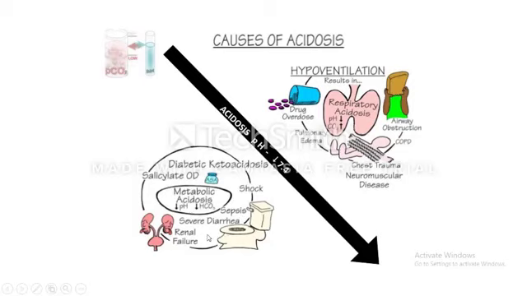Diarrhea can be the reason. Renal failure can be a reason, or salicylate overdose. In persons taking salicylates, an overdose can also lead to metabolic acidosis.